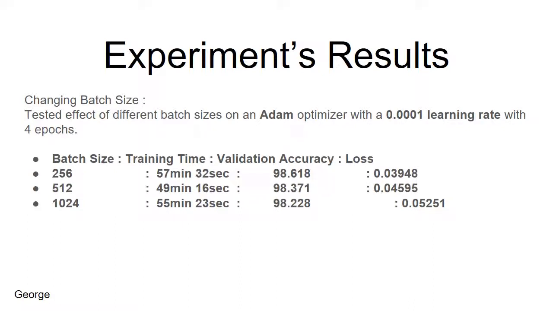We tested it on an RGB model with 400,000 samples and 4 epochs. We can see that a batch size of 256 has a training time of 57 minutes and 32 seconds, a validation accuracy of 98.618, and a loss of 0.03948. In theory, larger batch sizes require fewer iterations due to a more significant gradient, but lower batch sizes are less computationally intense due to the smaller size.